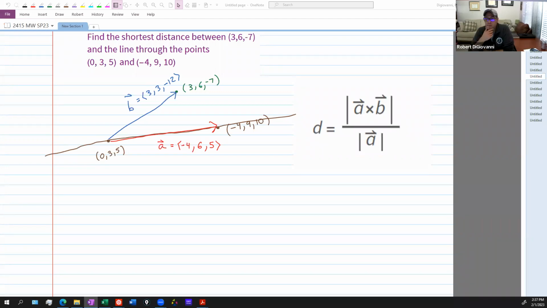Okay, we should be getting everybody back in here now. So if you got an answer as a decimal, type it into the chat and let's see what we're getting. Question, that's the magnitude of the cross product on the top? Yes. Cool.